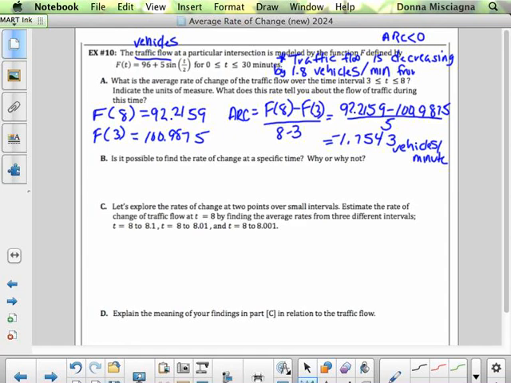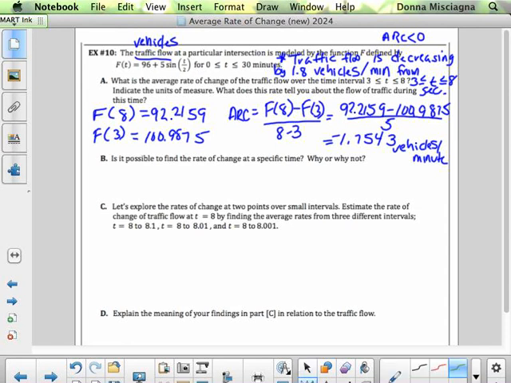So we want to be specific, because it's not always going to be consistent. If you plug in 2 different times, you're going to get a different value. So this is from 3 to 8 minutes.